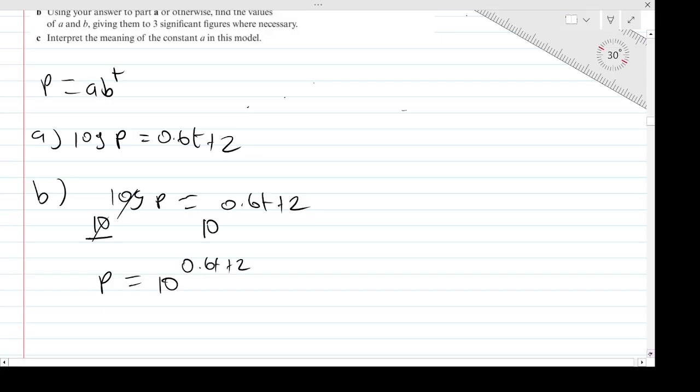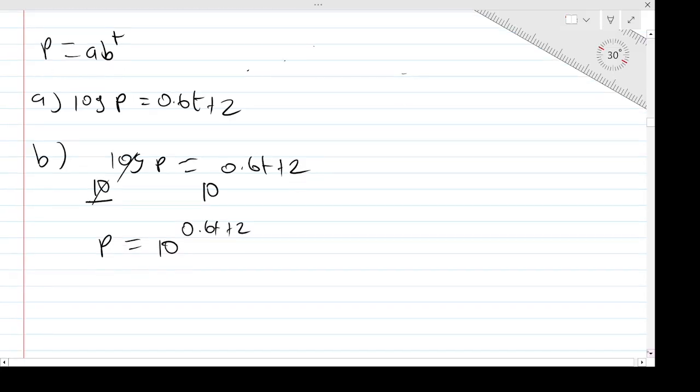And that's it. So it is in this equation here, but actually what I can then do to get it exactly in that form, I can use power laws to split the 10 up here. So p is 10 to the 0.6t times 10 to the 2, right? Hopefully with me there.